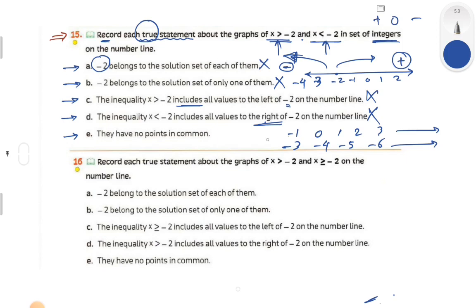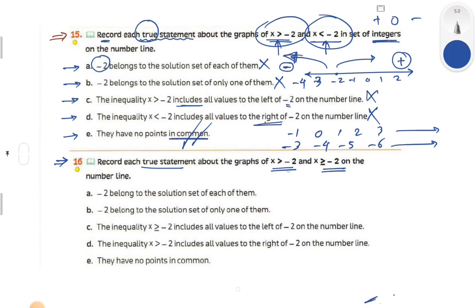So, is there any repeated number here? Of course not, so that's right. That means there is no common solution between these two inequalities. Question number 16. Record each true statement of these two inequalities.